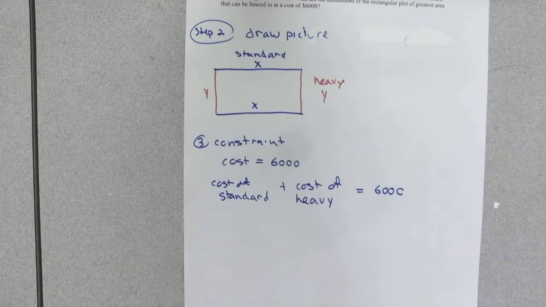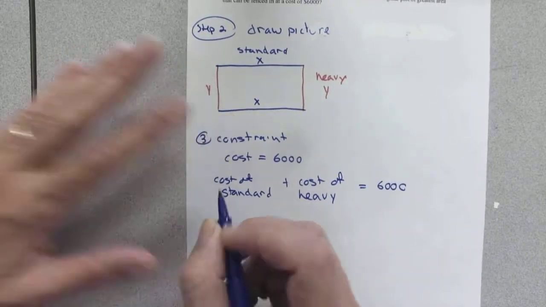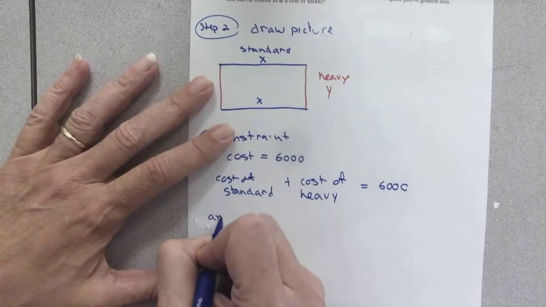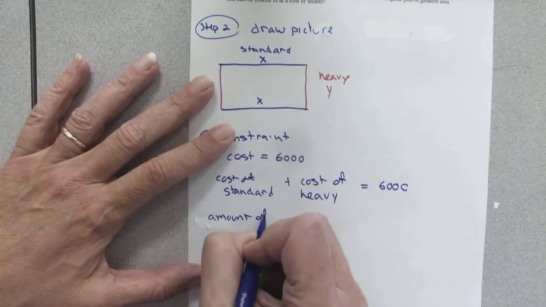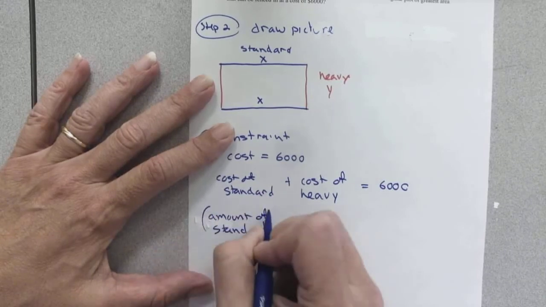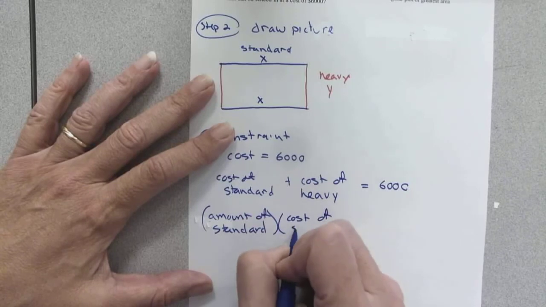Same thing here. The cost of my standard will be the amount of the standard fencing, very specifically, times the cost of standard.